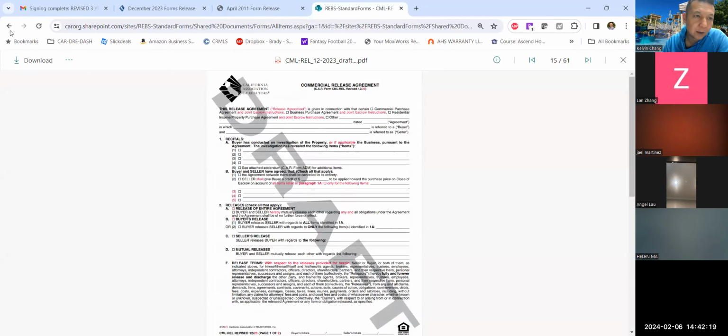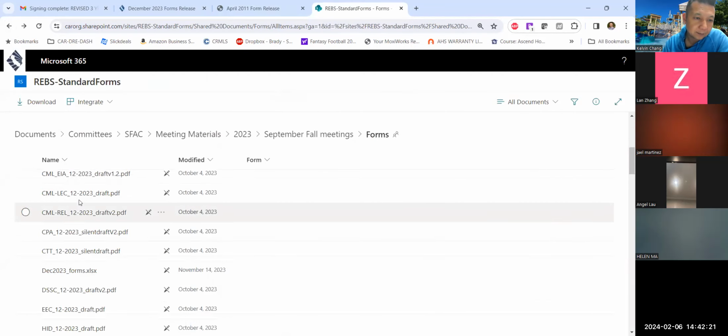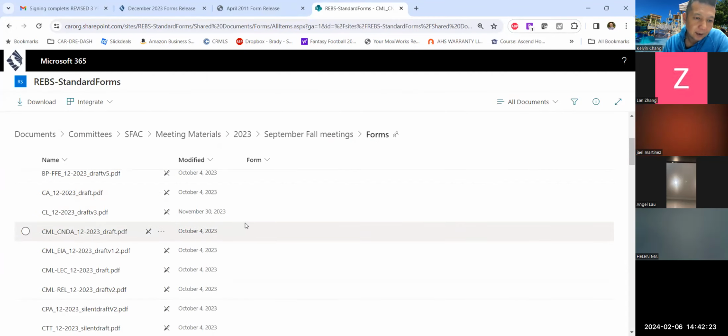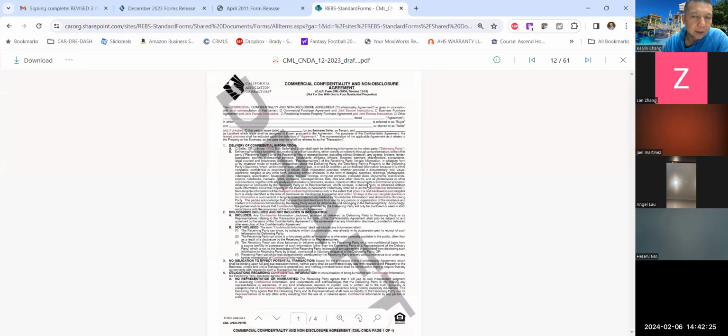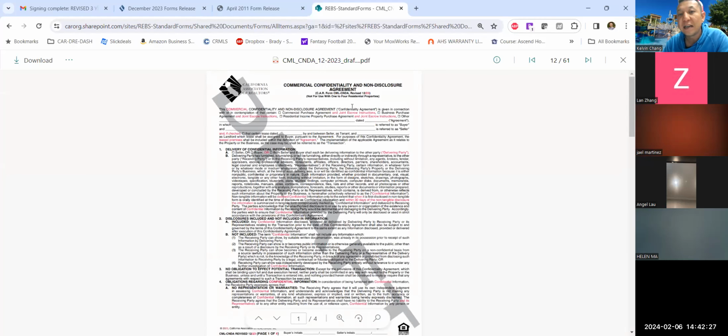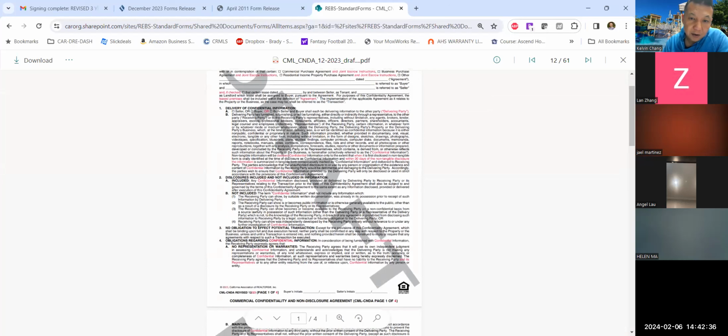I opened the wrong one. Just to give you an idea, we do have a confidentiality, commercial, non-disclosure, non-compete type of contract. There have been some changes made in red, and these are all improvements to the contract.